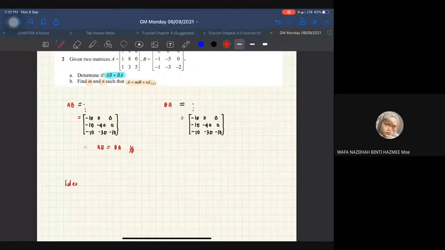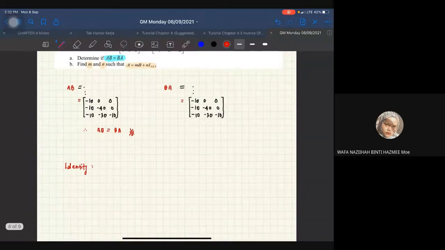Okay, so let's say kita ada 3 by 3. Okay, so dia punya identity matrix mestilah 1, 1, 1. Okay, 1, 1, 1 ni dia akan duduk kat diagonal yang memotong di tengah-tengah tu. Okay, and then yang lain semua mesti kosong.